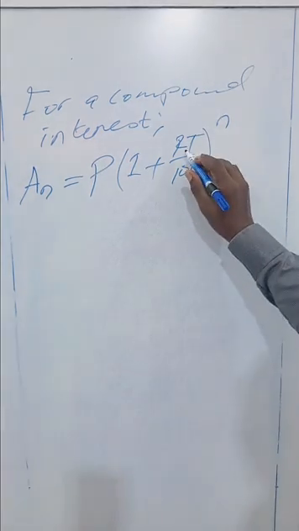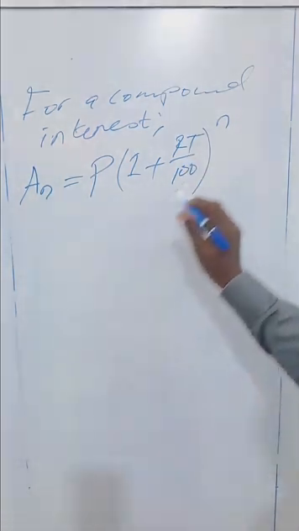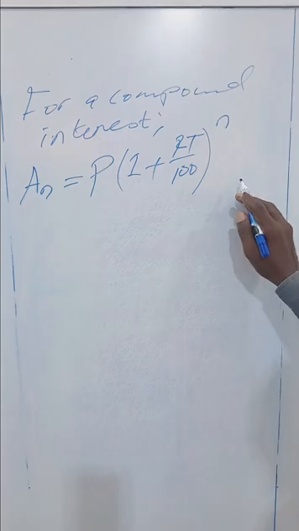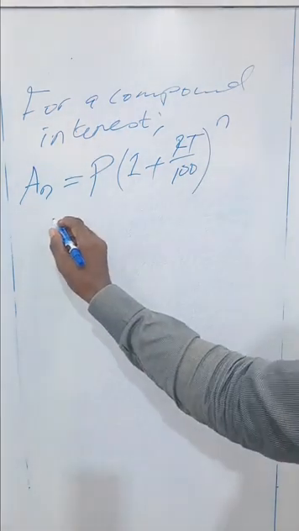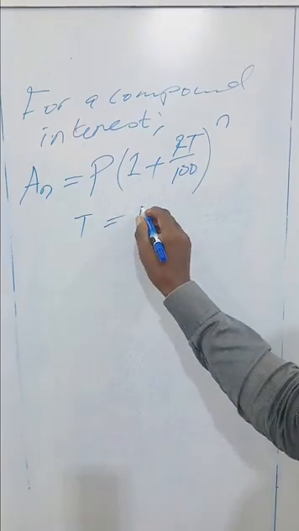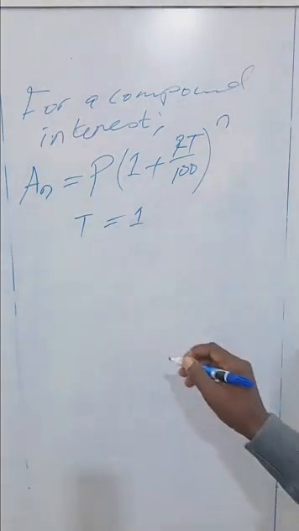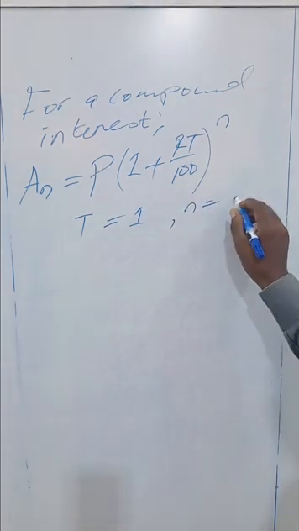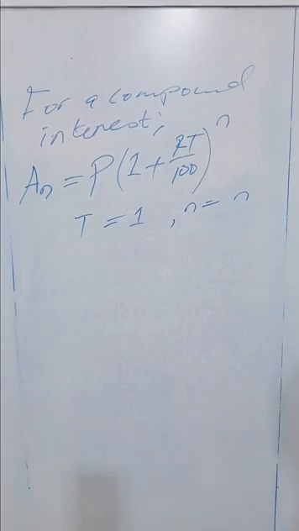In this particular formula, T equals 1. It is compounded annually, so your T equals 1. And the number of years remain those years which have been mentioned.